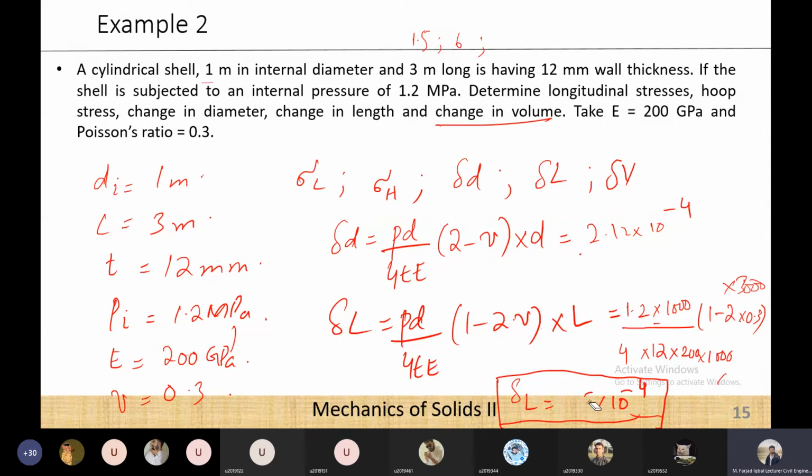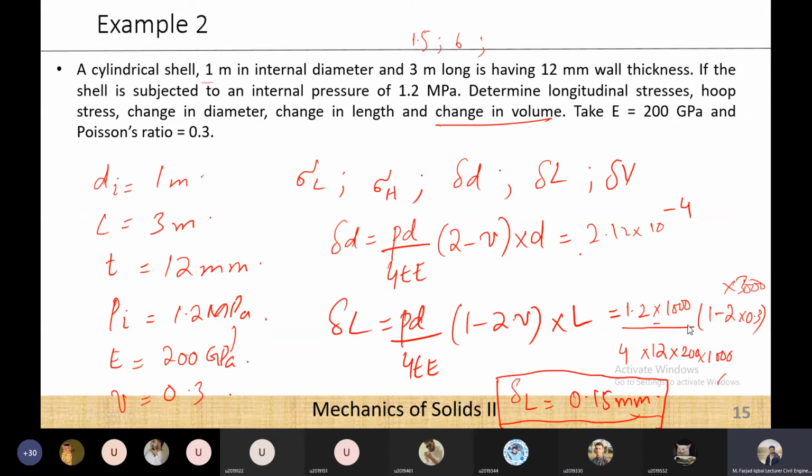But when you are substituting everything in millimeters, I have just calculated myself, the answer that we are getting is 0.15 mm. Yes, this is the correct answer in terms of millimeters.